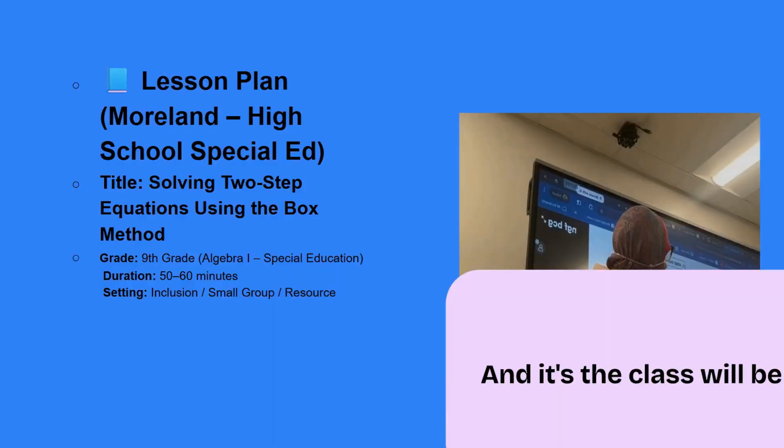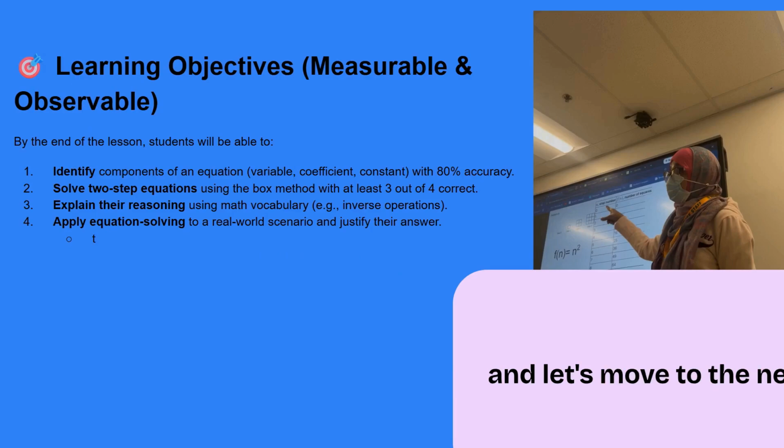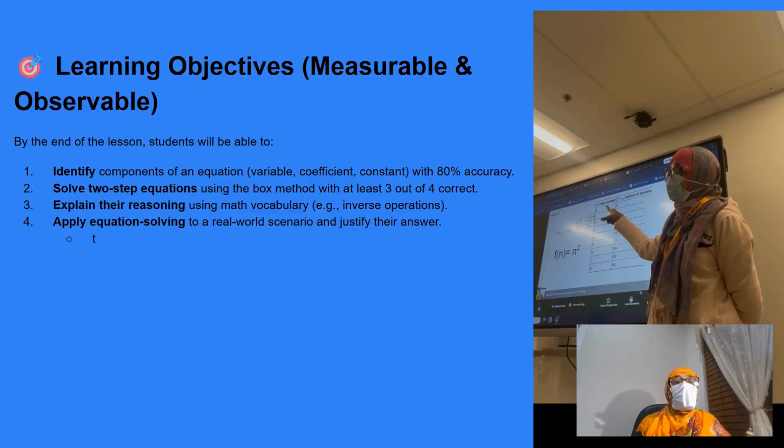Inclusion, small group, resource. And here you can see I'm explaining, and this is from my class. And let's move to the next. Learning objectives will be measurable and observable. By the end of the lesson, students will be able to identify components of an equation, variable, coefficient, constant, with 80% accuracy.